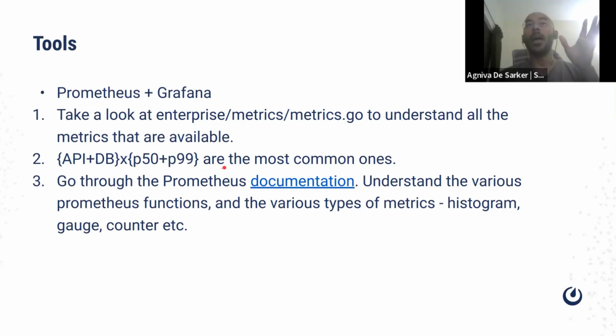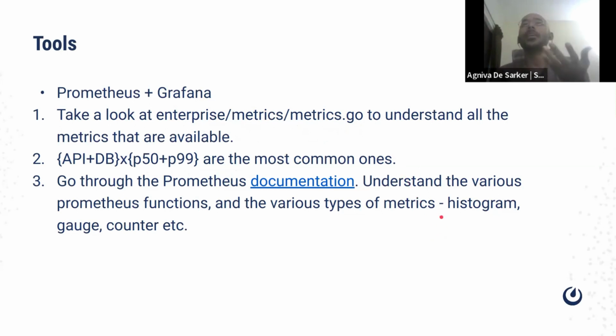I would also recommend everyone to go through the Prometheus documentation to understand what sort of functions are there. Because if you just take a look at this, you will see a list of histograms, gauges, counters, vectors, and you would be a bit lost. How do I actually use a histogram?